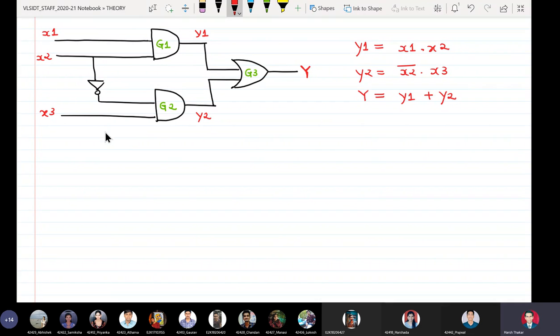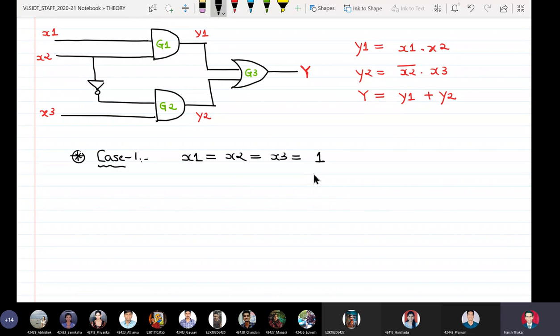Now we make certain assumptions. Case 1: x1 equal to x2 equal to x3 equal to 1.